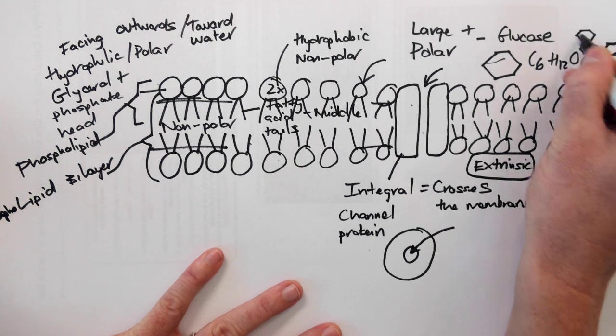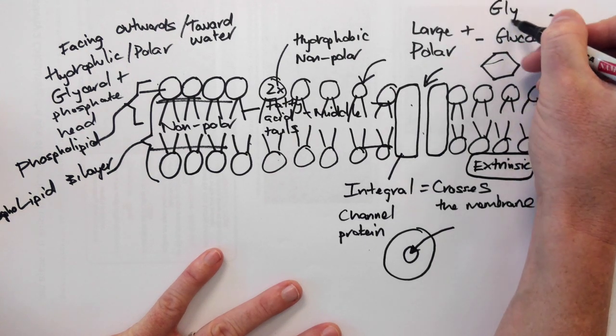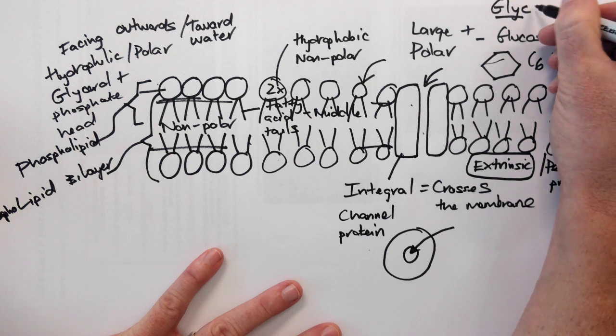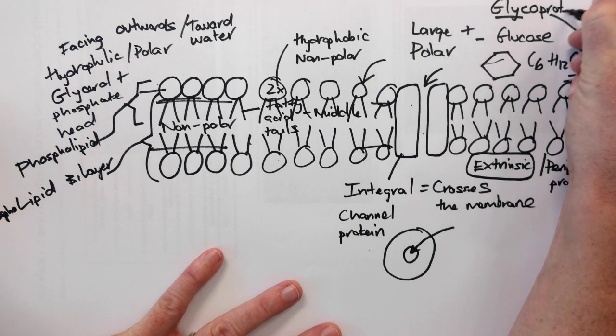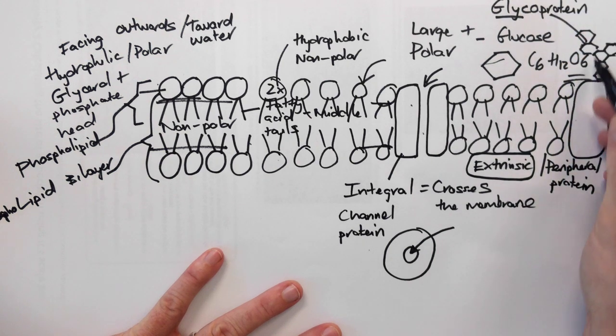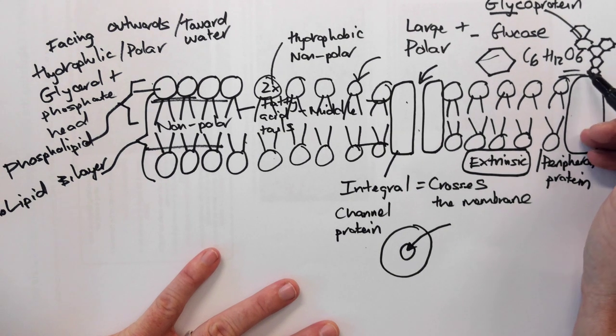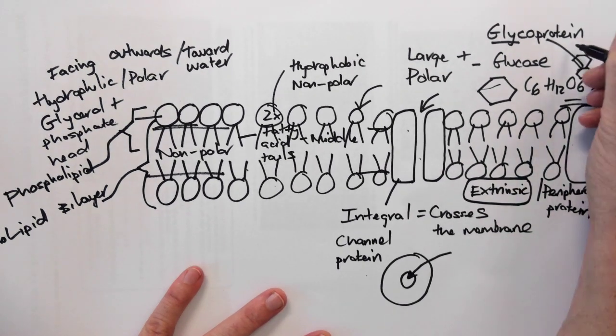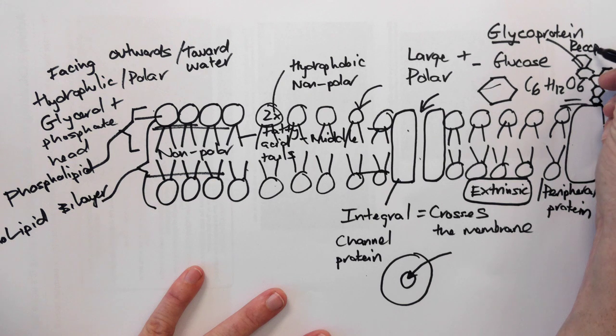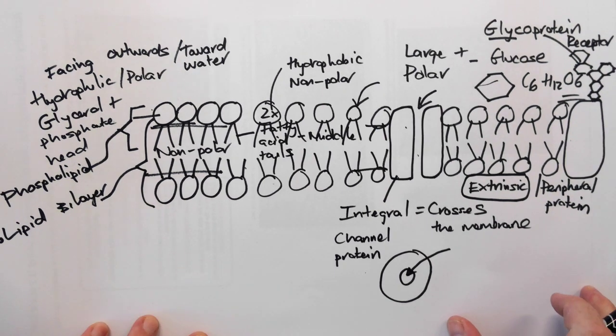And because it's a sugar, we use glyc as the prefix. It's a glycoprotein. This glycoprotein is sticking up out of the membrane. It may be used as a receptor. So it could be a receptor protein, a glycoprotein sticking up out of the membrane.